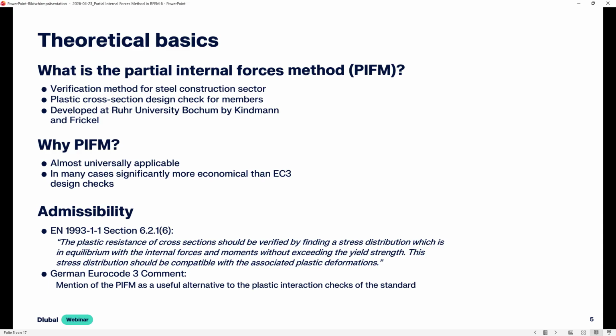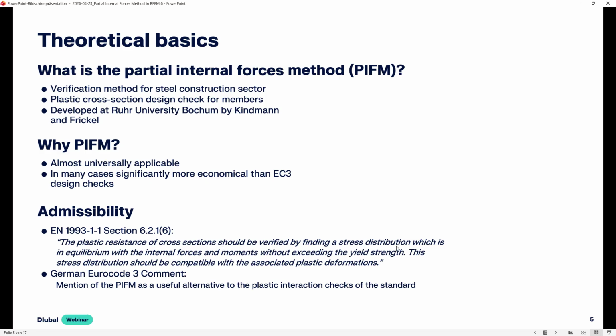And here the standard says the plastic resistance of cross sections should be verified by finding a stress distribution which is in equilibrium with the internal forces and moments without exceeding the yield strength. This stress distribution should be compatible with the associated plastic deformations. So this is a general statement made by the standard, and it says that if we do plastic design, there are mainly two conditions.